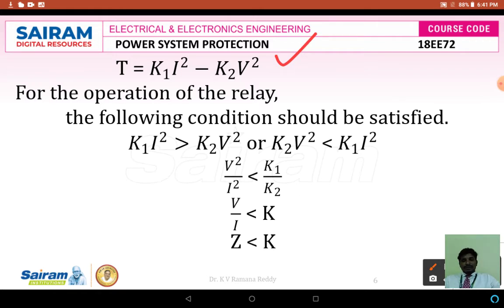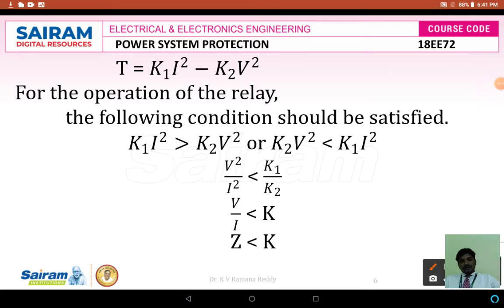It depends upon the following condition being satisfied. In the above equation, torque equals K1 I square minus K2 V square. Among these two terms, K1 I square is the positive torque, simply called the operating torque, and K2 V square is the negative torque, which is used as the restraining torque.